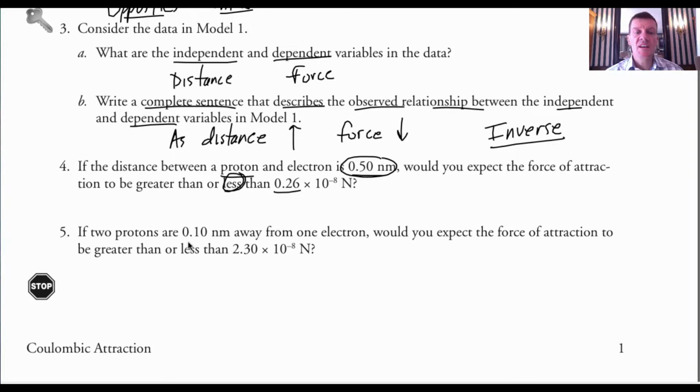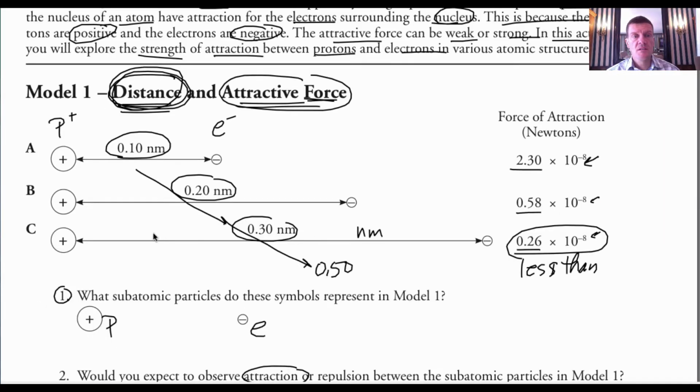And if two protons are 0.10 nanometers away from one electron, would you expect the force of attraction to be greater than or less than 2.30 times 10 to the negative 8? Well, in this case, if I've got another proton here at the same distance, we're comparing it to the force of attraction when there's only one proton.